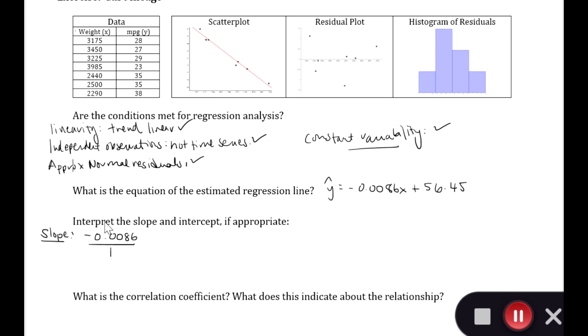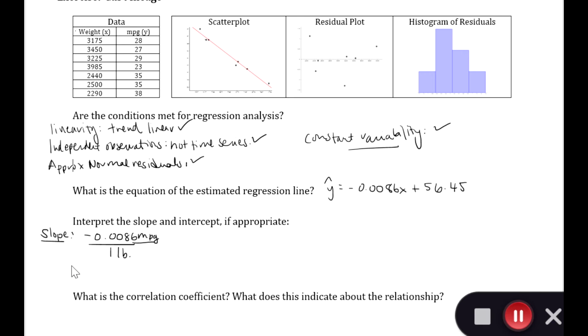And then I personally say the rise is going up and down. So the rise variable units is miles per gallon. So I put miles per gallon. And then my run is left and right. So that's my X, and so I put my units. In this case, my unit is pounds.